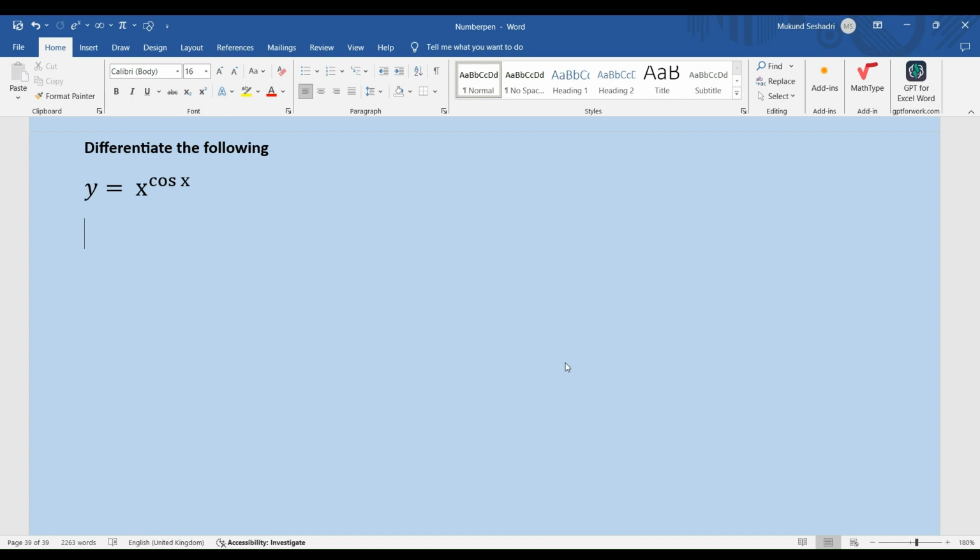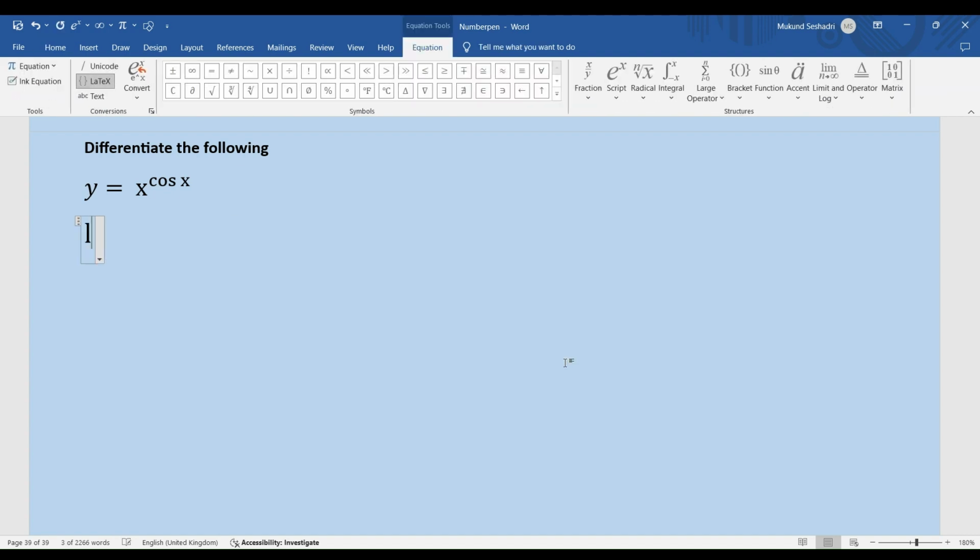So whenever you see a function of this type, y equals f of x to the power g of x, or if I may call it u to the power v, where u and v are two functions which are again dependent on x, right? First step would be to see if I can simplify this particular problem by taking a logarithm on either side, right?